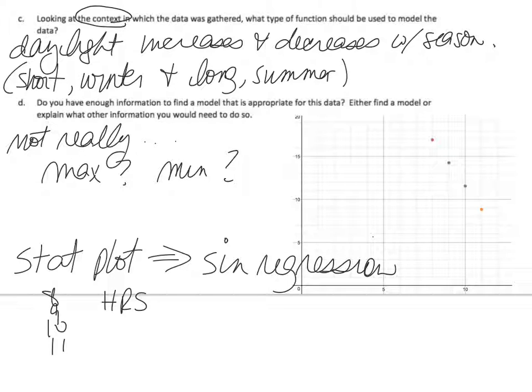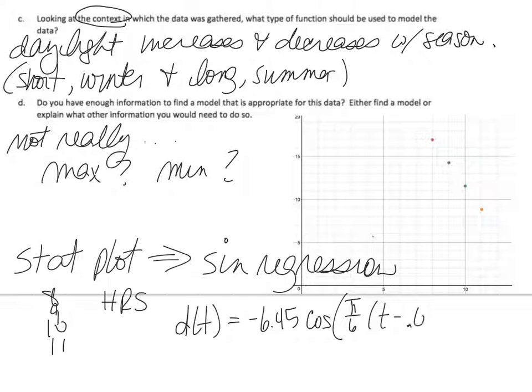So that would work. You can go ahead and try it. I can tell you that the answer is close to, and your calculator may spit out something close to this. I would not be able to do this by hand, though. Okay? Yikes.